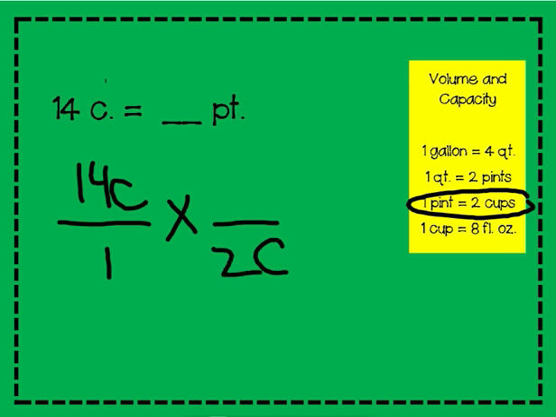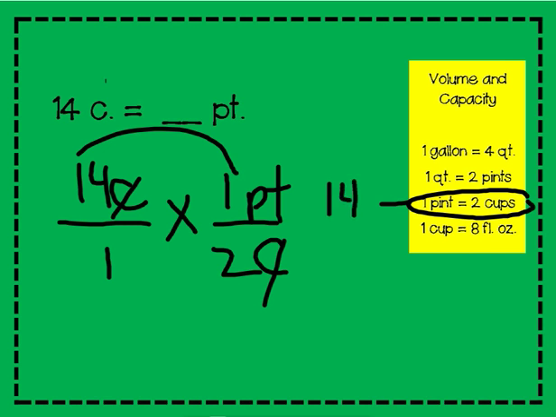So 2 cups is equal to 1 pint. We cancel out the cups. We've got 14 times 1 on the top, or in the numerator, 14 pints over 2. The line in the middle means divide, so 14 divided by 2 is 7 pints.